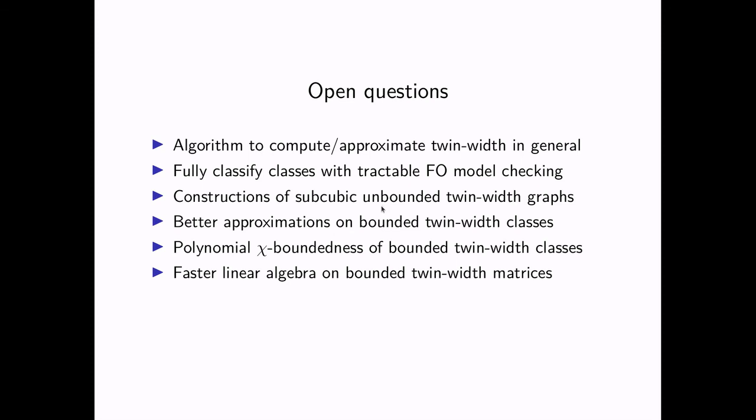We talked only about algorithmic applications getting exact solutions, but getting better approximation is also very interesting, and we have some preliminary results, but there is still a lot to do. As we saw previously, there is also making the chi-boundedness of classes of bounded twin-width polynomial, and doing linear algebra faster on matrices of bounded twin-width.